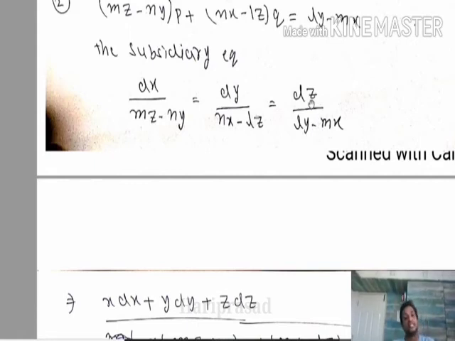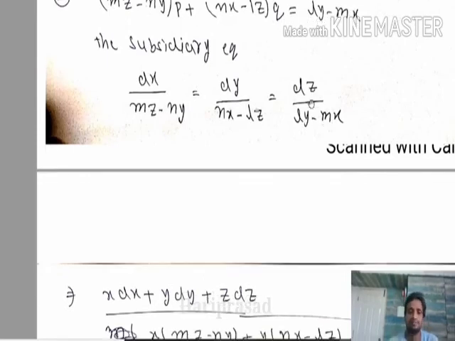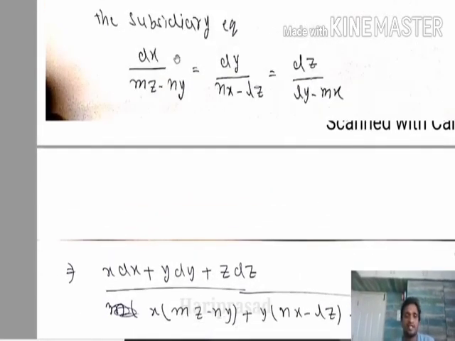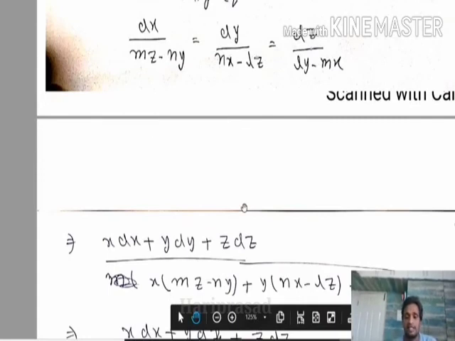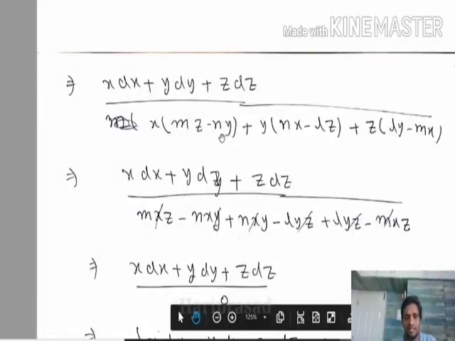So the easiest way is to cancel the terms by multiplying by x, y, z and then adding all of these. Here l, m, n are just constants. So first I am multiplying x to the dx, y to the dy, z to the dz, and adding all those. So x dx plus y dy plus z dz, that means x into mz minus ny plus y into nx minus lz plus z into ly minus mx.